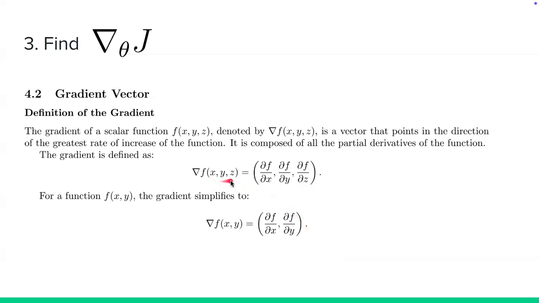If you have three variables, x, y, and z, then the gradient is a list of the partial derivative with respect to x, the partial derivative with respect to y, and the partial derivative with respect to z. If we have two variables, then we just have two partial derivatives in our gradient. For a gradient, we use this symbol, which looks like an upside down triangle.